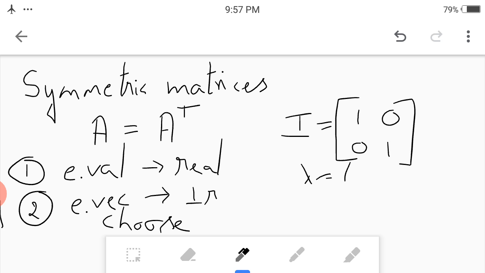Now let's try to understand, are eigenvalues always real? We have a small proof for that. We will start the proof with the simple equation we already know, that is Ax equals lambda x. Lambda is your eigenvalue, which is a scalar. X is your eigenvector corresponding to that eigenvalue. Let's start this proof by assuming that lambda is a complex value.